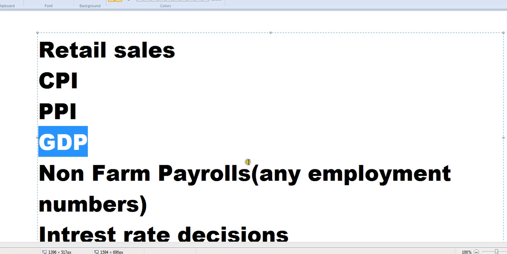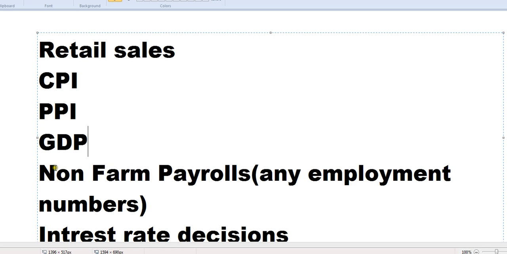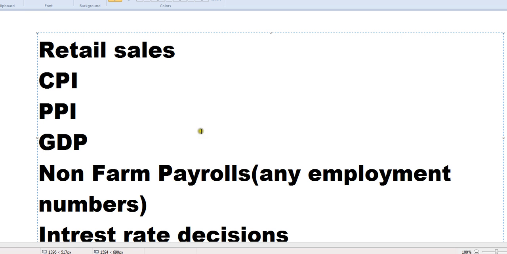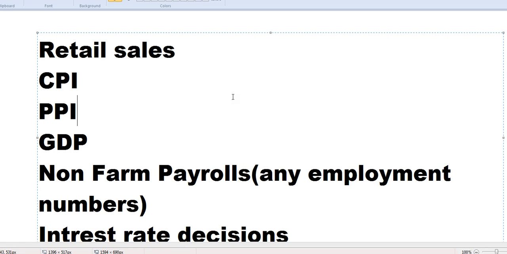Non-farm payrolls are basically how many jobs were created for that month, or how many jobs were lost in that month, or that quarter, or whatever it may be. Put in any employment data, because it could be the number of jobs lost and how many initial jobless claims there were. The unemployment rate is a big one.